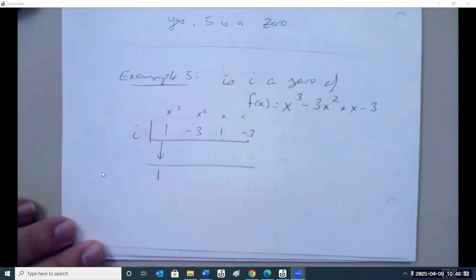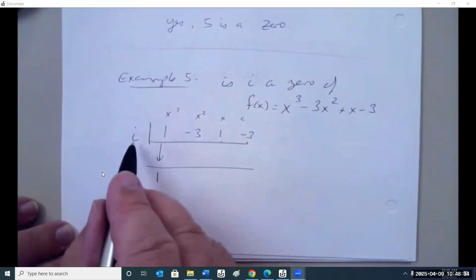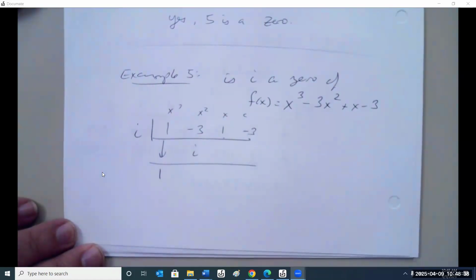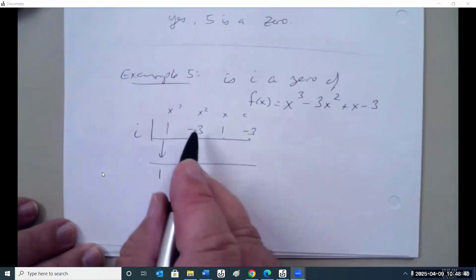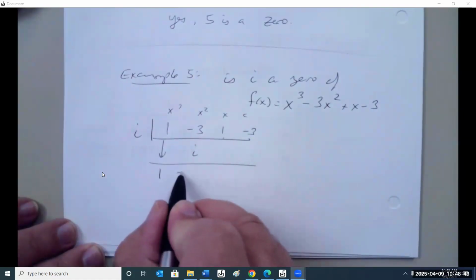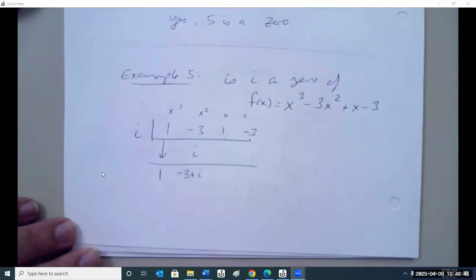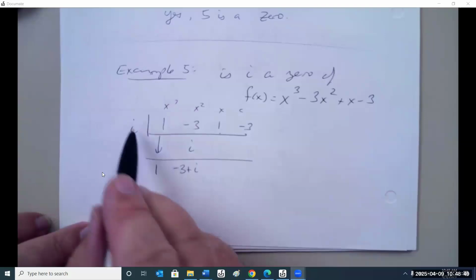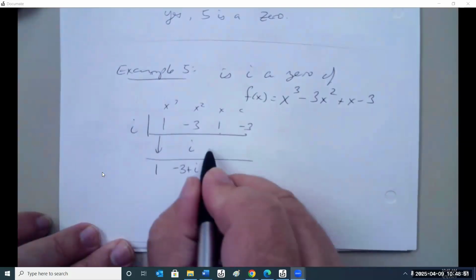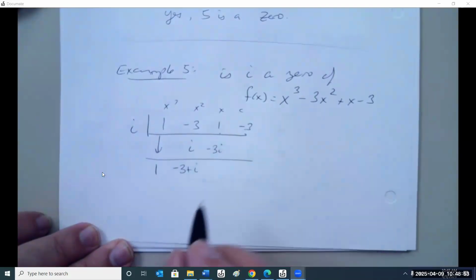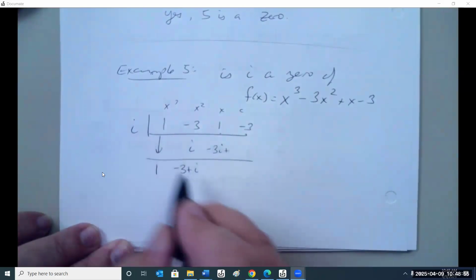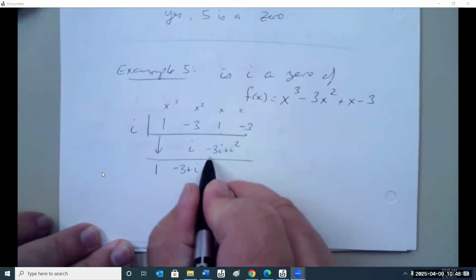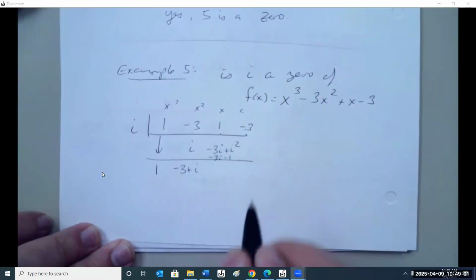Bring down the first term. Multiply. i times 1 is i. You add these two, you get negative 3 plus i. Now we multiply. i times negative 3 is negative 3i. i times i is i squared. Well, remember, i squared is negative 1.